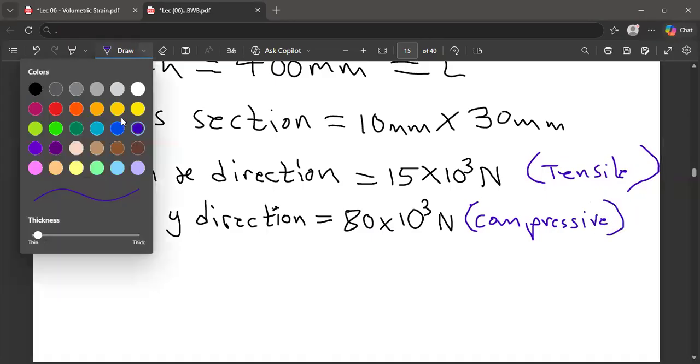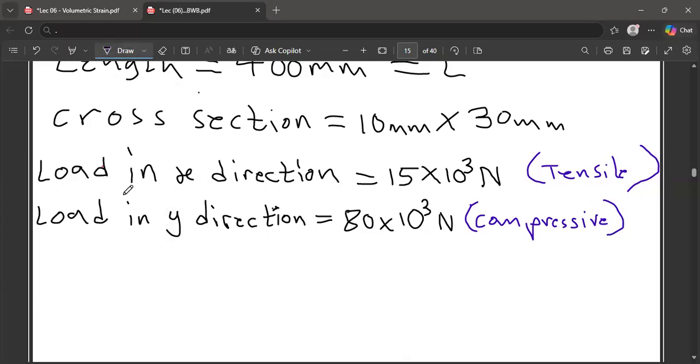Exactly. So what are we going to do next? Let's now put down the last one, that is the load in z direction. So load in z direction, and that is the 180 kilonewton.